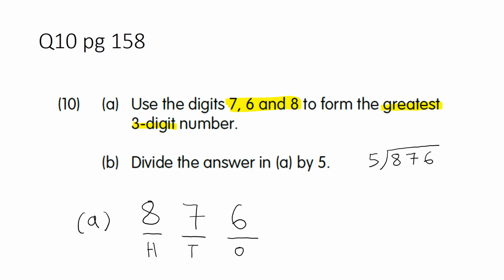Again, we have to do workings. Don't use mental sum. This is not mental sum. You have to really write down the workings. Okay, so 8 minus 5, because 5 is the closest multiple to 8. And then you get 3. And then you bring down the tens place. Sorry for my crooked arrow. Okay, the number 37. Ask yourself, what is the greatest multiple of 5 that's closest to 37 but smaller than 37?